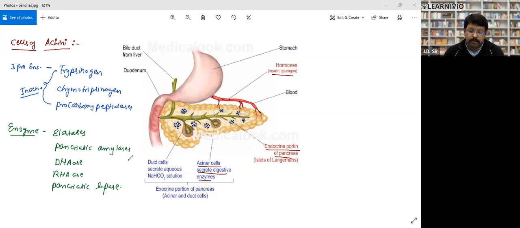Full stop. It is about 2.5 centimeter wide and 12 to 15 centimeter long. Full stop.